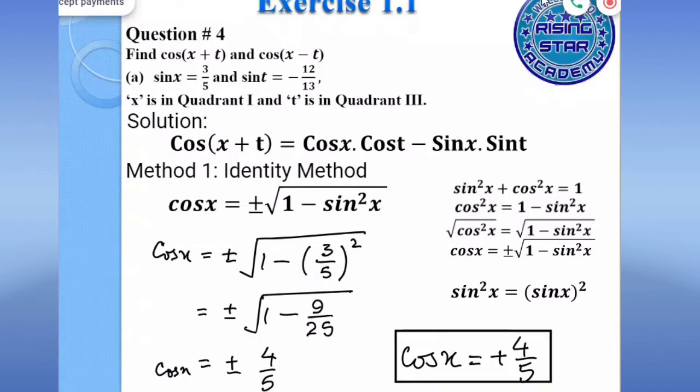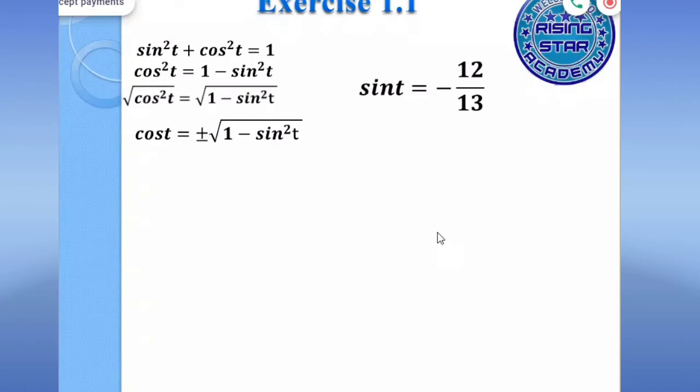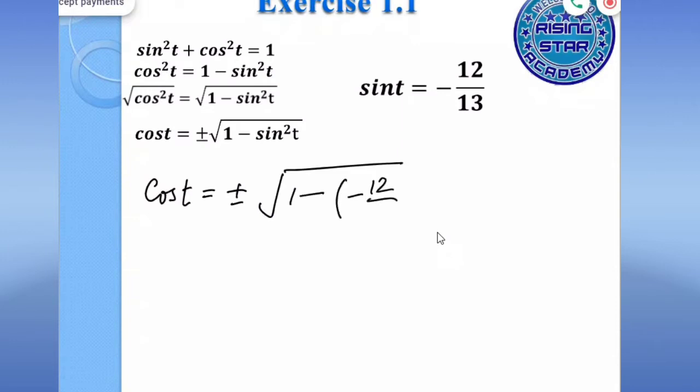Now we will find the cos of t by the same method. So let's find the value of cos t. Now we will use the value of sine t in the function to find the value of cos t. So here we have cos of t is equal to plus minus the square root of 1 minus (minus 12 by 13) squared.